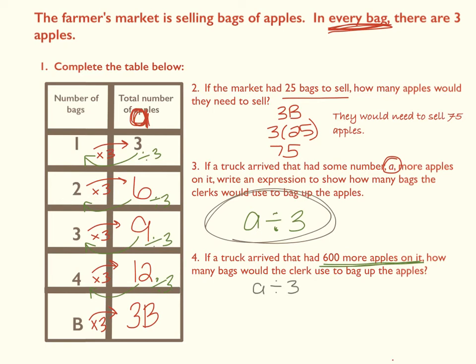I know I have 600 apples, so I'm going to substitute 600 in for A. 600 divided by 3. 600 divided by 3 is 200. So we're going to type our sentence that the clerk would need 200 bags for those apples.